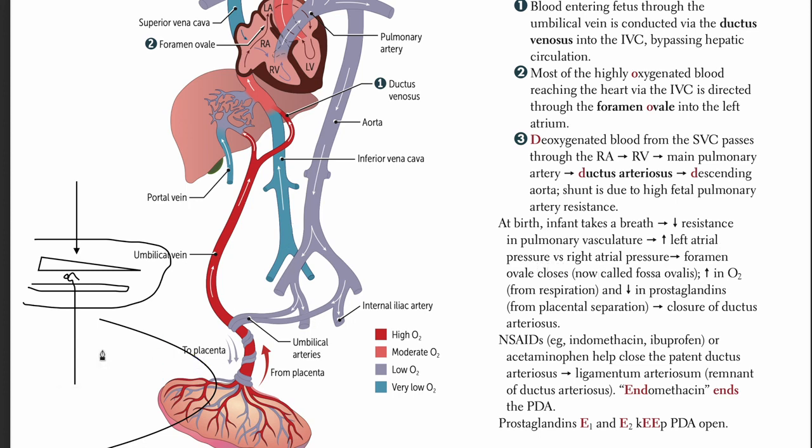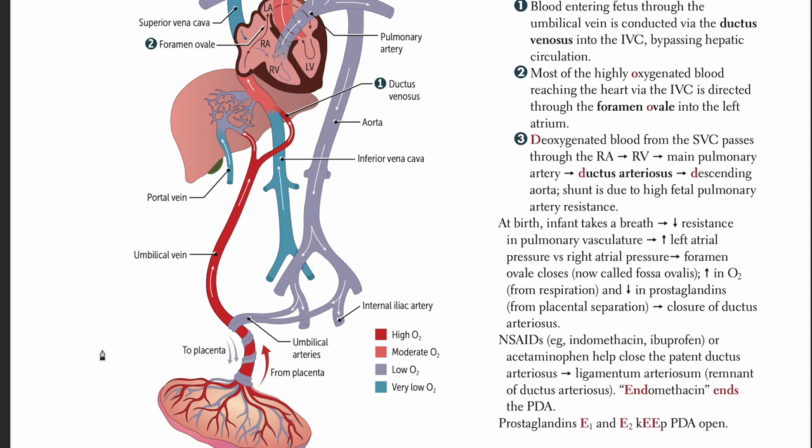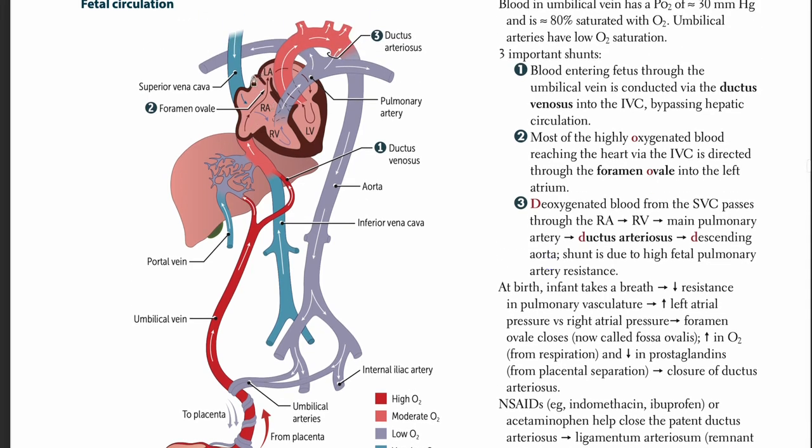Okay, so let's get rid of these. Okay, so at birth, a decrease in resistance in pulmonary vasculature, so increase in left atrial pressure. So normally, since there was nothing coming from the lungs into the left atrium, it was just the amount that was coming through here, right?